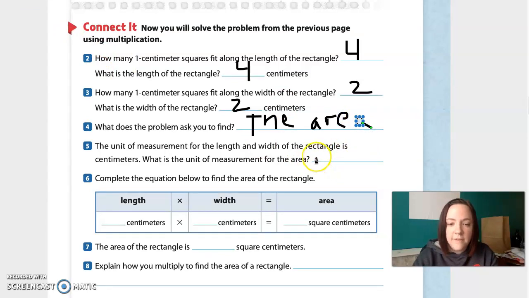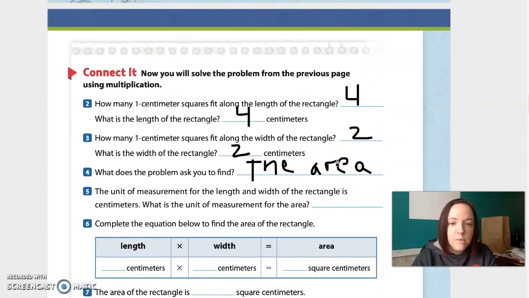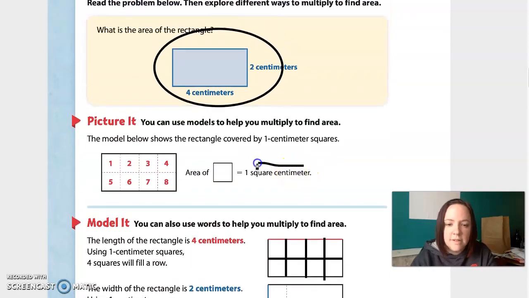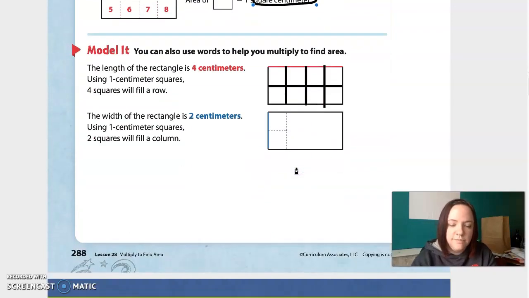The unit of measurement for the length and the width of the rectangle is centimeters. What is the unit measurement for the area? What did we say that the unit measurement of the area is? Square.